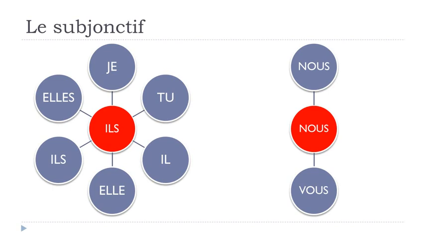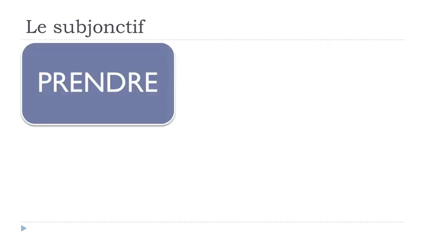It's just because we've got two different ways of making the form for je, tu, il, and elle, and then nous and vous. But don't be afraid, because in most cases you will see that it's quite easy. So I will take a tricky verb just to start, and after that you will think that the rest is really easy.